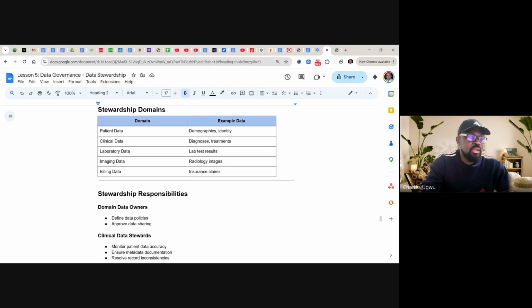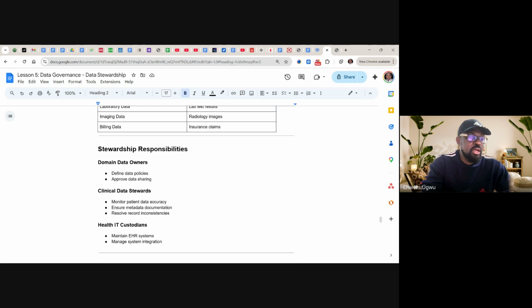And then under stewardship responsibilities, we'll have domain data owners that define data policy and approve data sharing. And under clinical data, the steward will monitor patient data accuracy, ensure metadata documentation, and resolve record inconsistency.